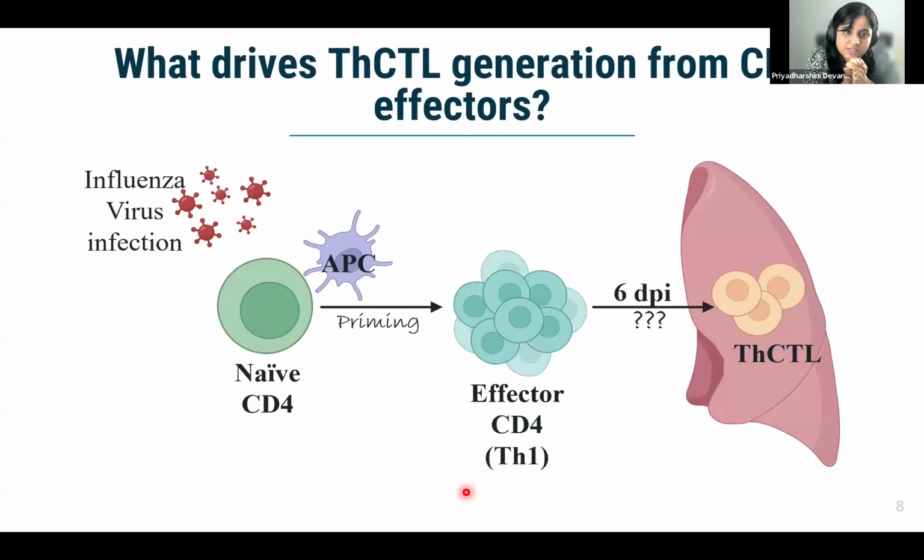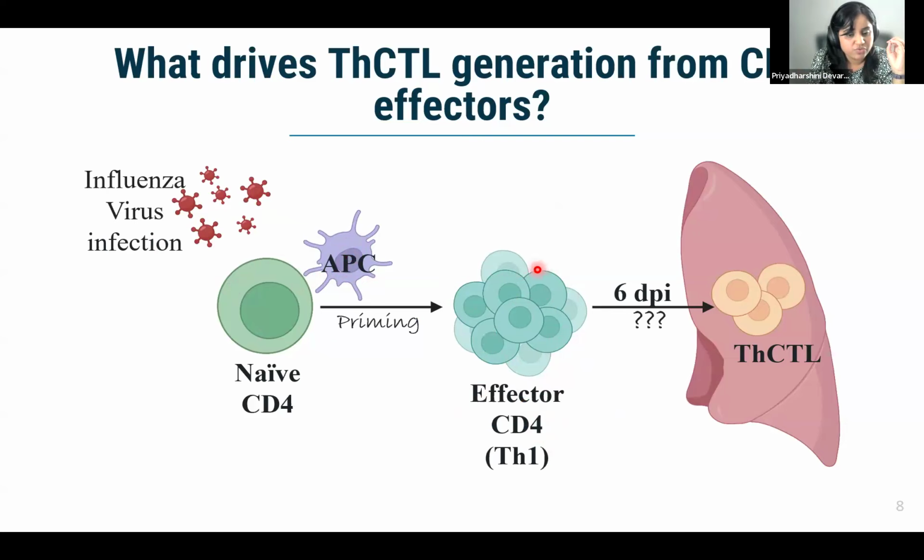And so we asked, okay, so we see these cytotoxic CD4 T cells coming up during infection, not so much during immunization. We think that the sustained levels of antigen presentation is important. So really, what drives the development of these effector CD4 T cells that is generated as soon as the naive CD4 T cells see antigen after infection?